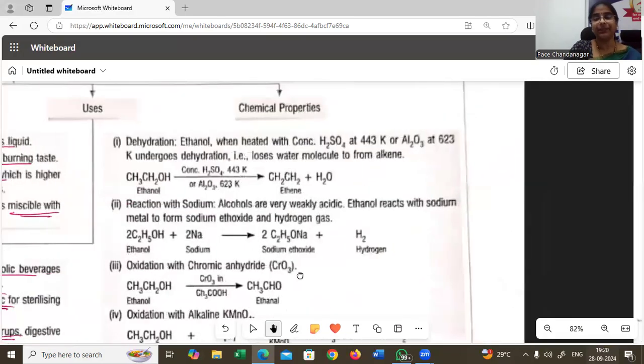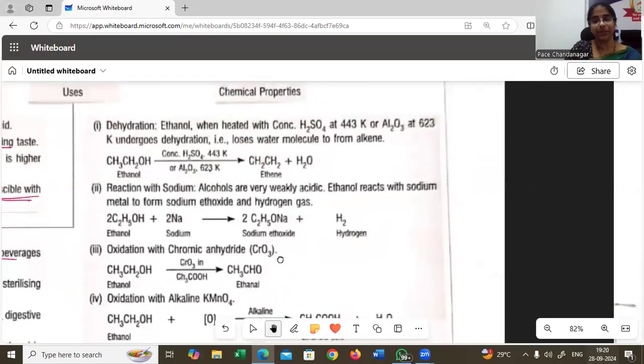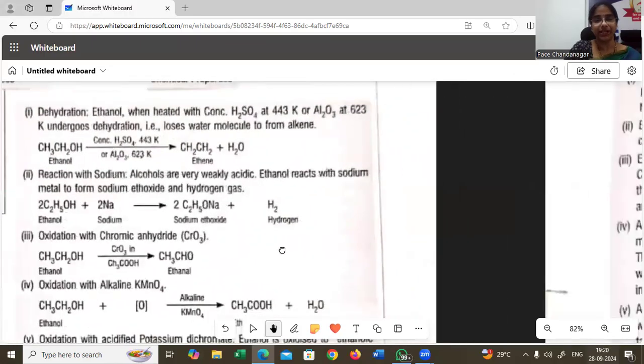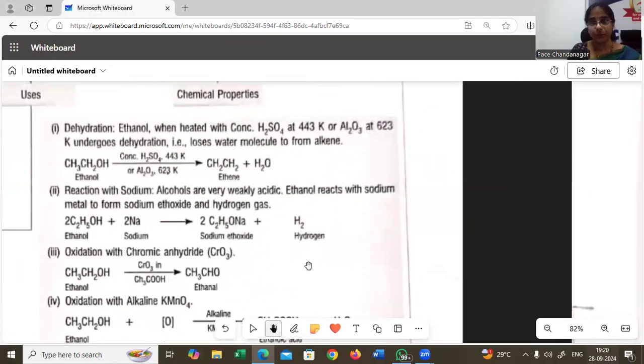Then coming to chemical properties: dehydration. Ethanol has the property of dehydrating the body. That's the reason alcoholic people faint or something, because of the alcohol's effect on their cerebellum.